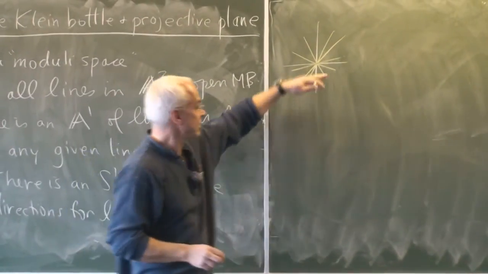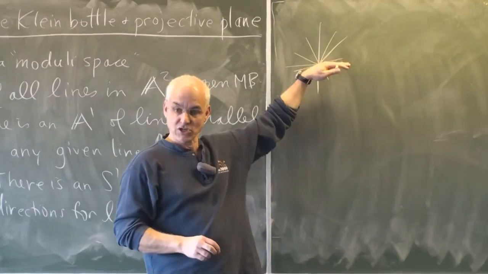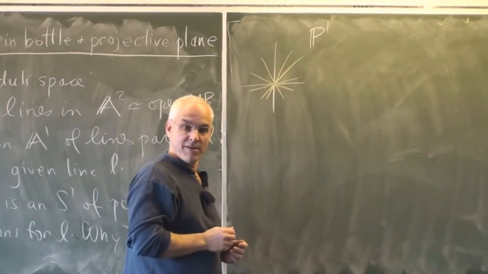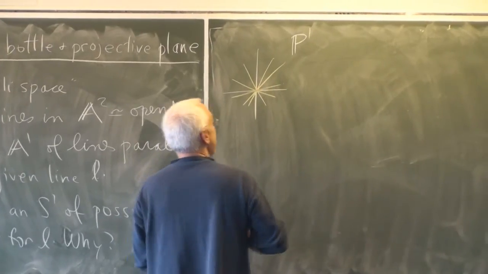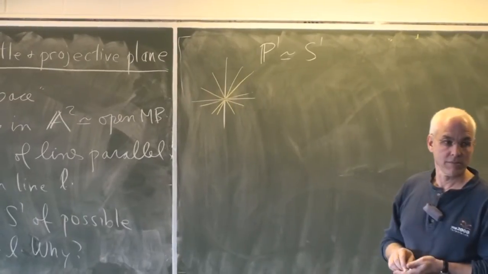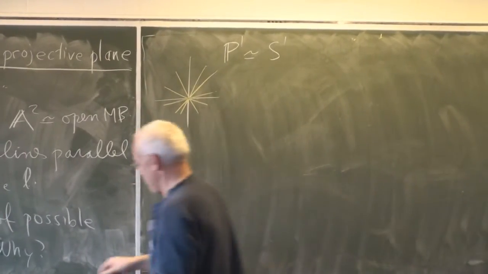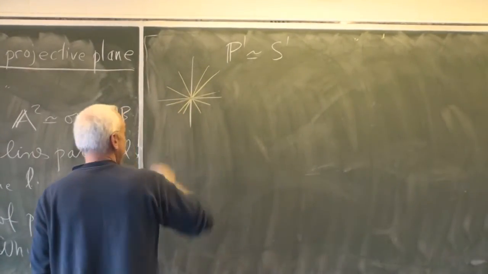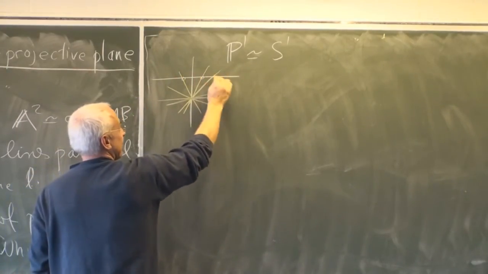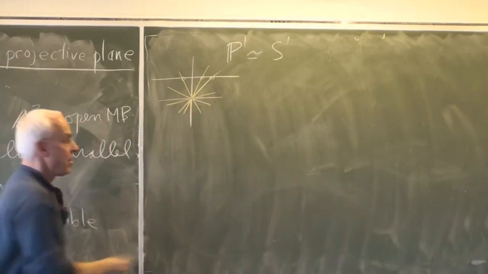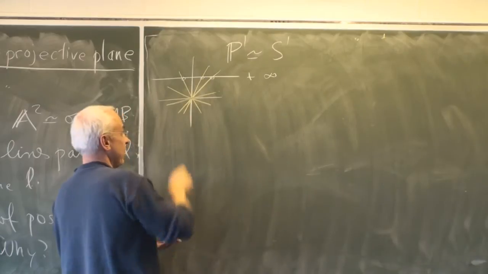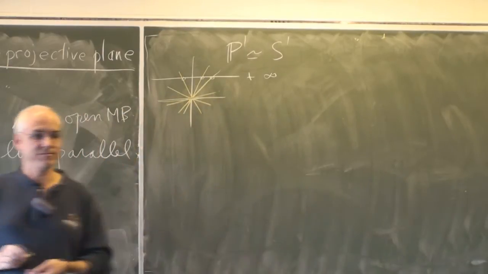All possible directions is represented by all possible one-dimensional subspaces, and we saw that the projective line was topologically the same as a circle. One way of thinking about that is because it's represented by that displaced line plus an extra point at infinity corresponding to the horizontal line.